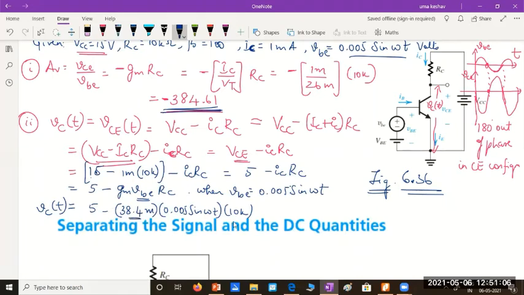This is GM, this is RC. So you take this minus 384.61 and multiply it with 0.005 and tell me what you get. I just want you to multiply all the three numbers here. The first and last numbers are already multiplied. Just multiply this 384.61 with 0.005. How much do you get?